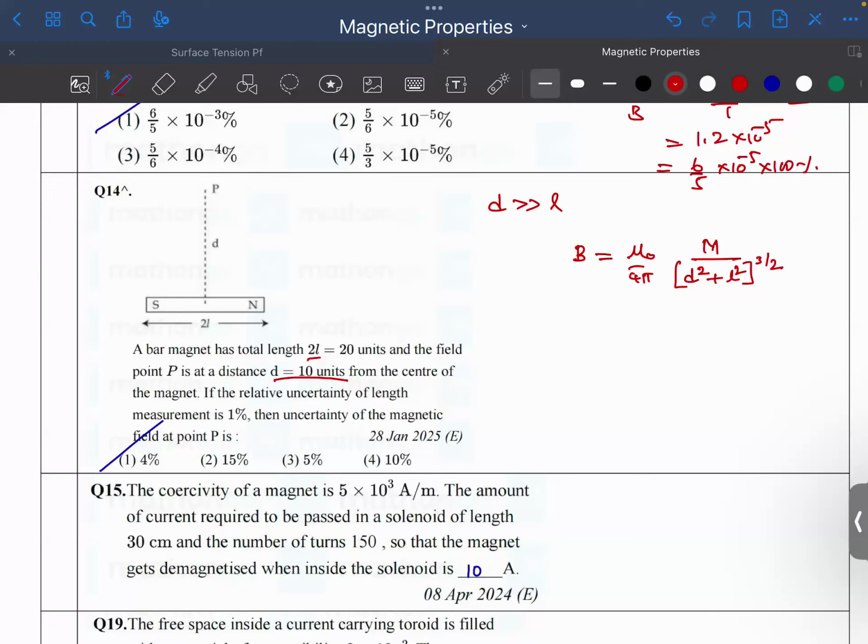If I'm not mistaken, this is the relation. The uncertainty అంటే dB by B మిమ్మల్ని ఎంత అని అడుగుతున్నారు, percentages.